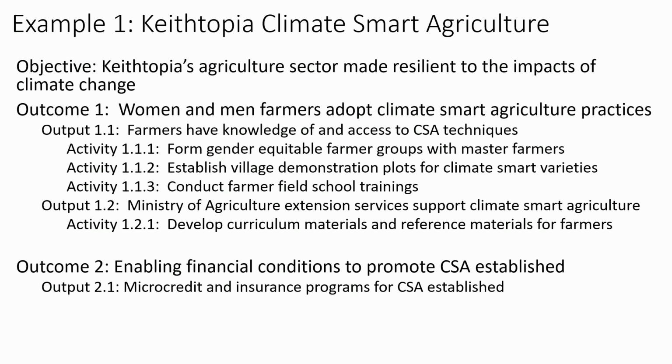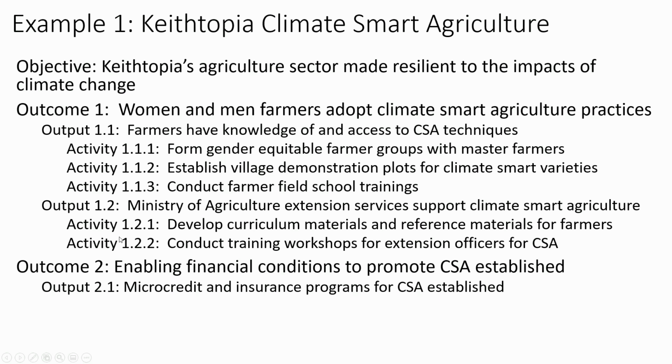It could be a guidebook, it could be a picture book, it could be whatever is appropriate locally. That's what we're going to do. And then our second activity, after we develop these materials and the reference materials, is we're going to train our extension officers to know how to use these things.